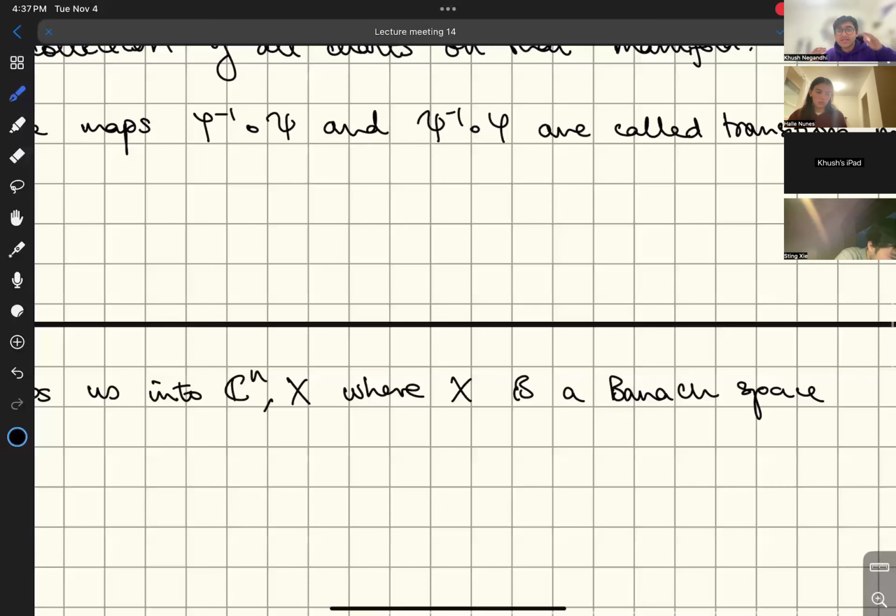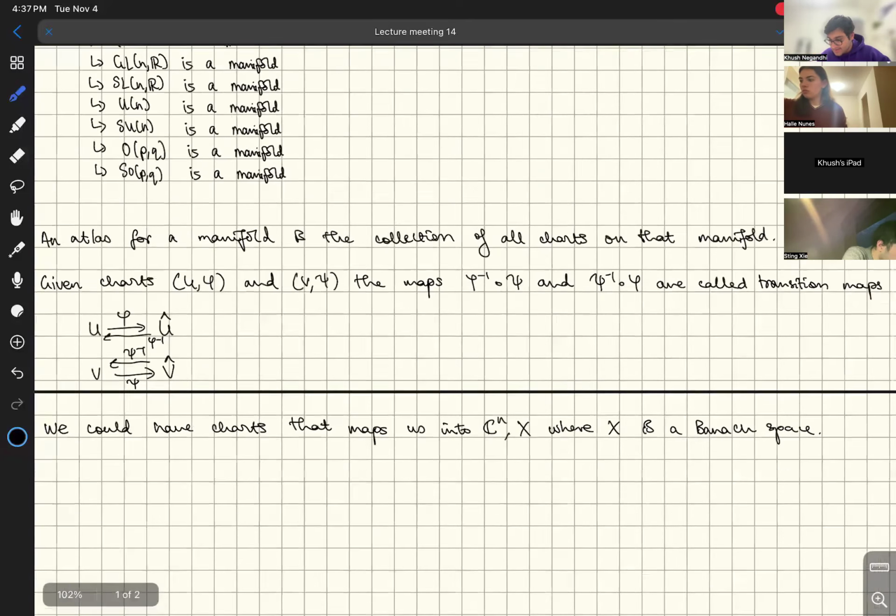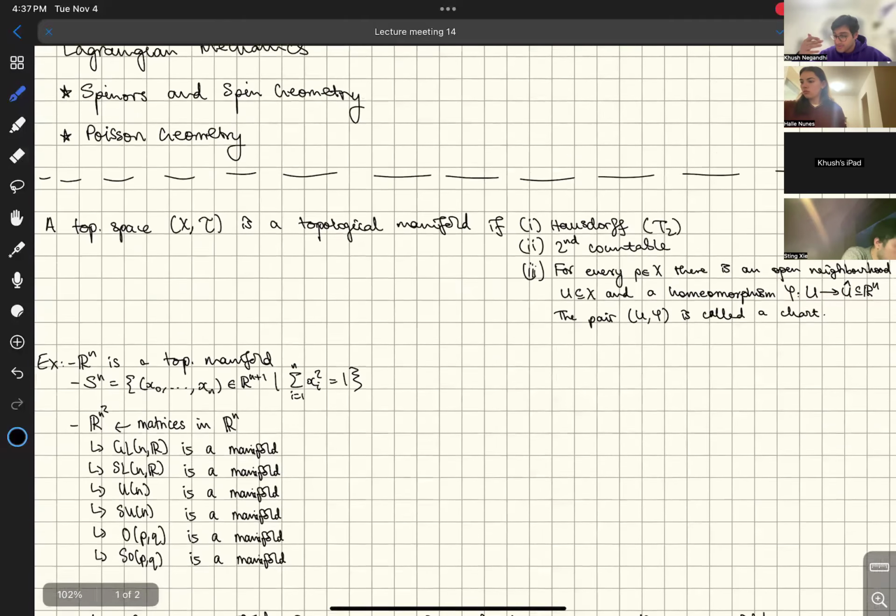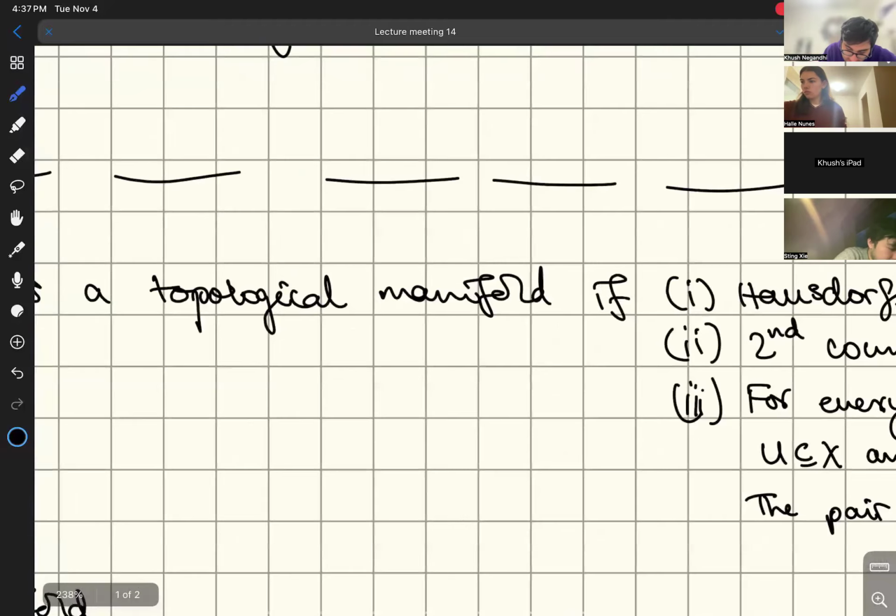There's nothing special about Rn. In the case that the chart maps us into Rn, we say that it is a real topological manifold.